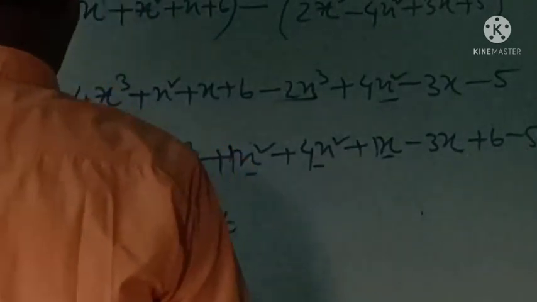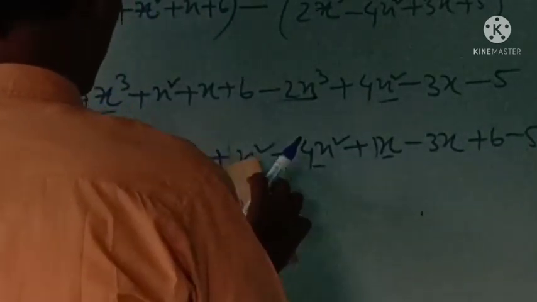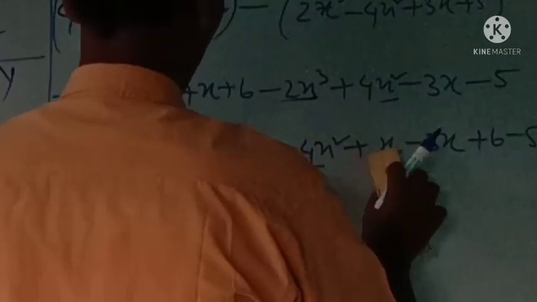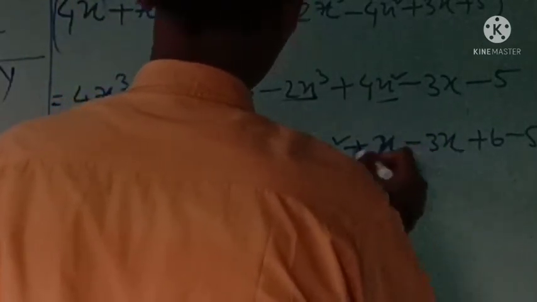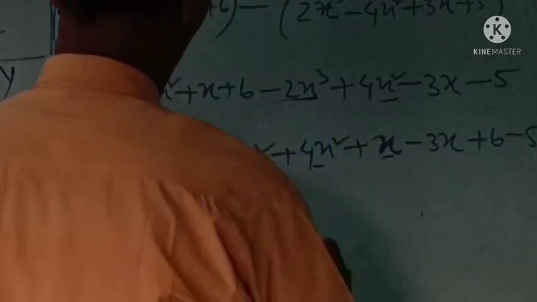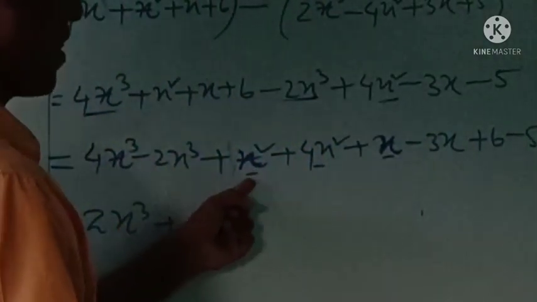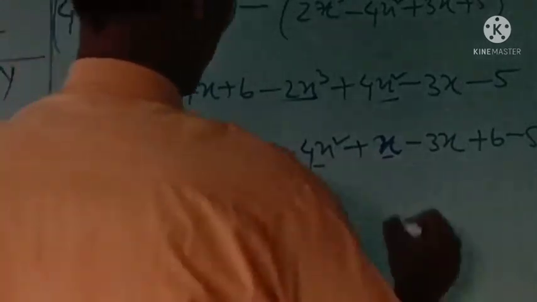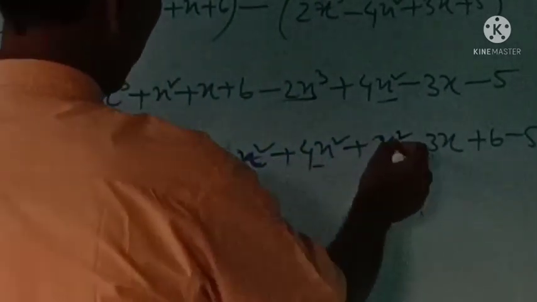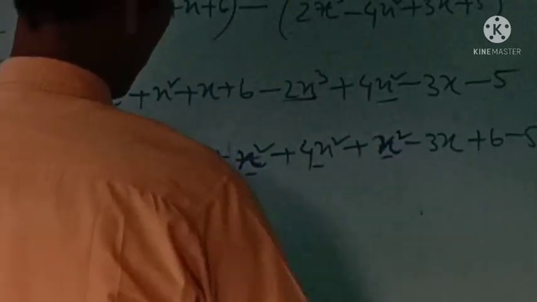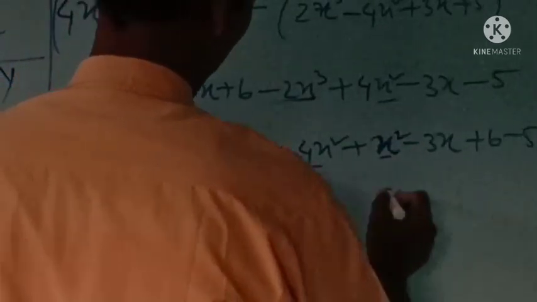We prefer not to write the 1, but even though we don't write it, we know the coefficient is 1. So 1x squared plus 1... 1x squared, 2x squared plus 4x squared is equal to 6x squared.